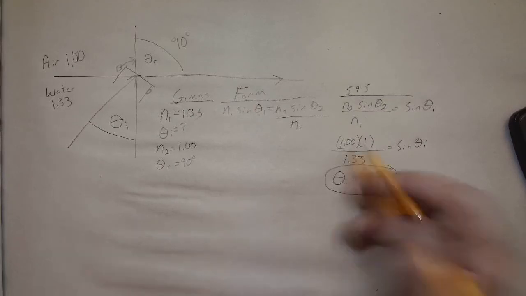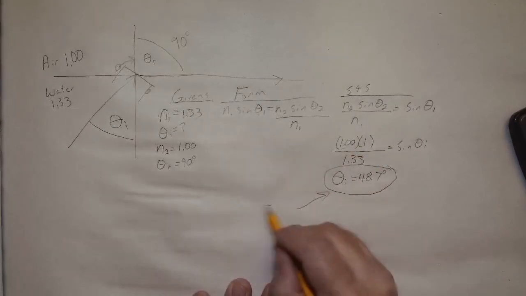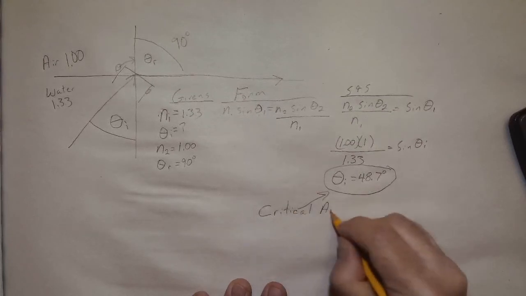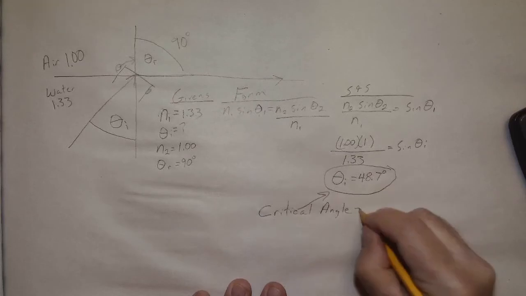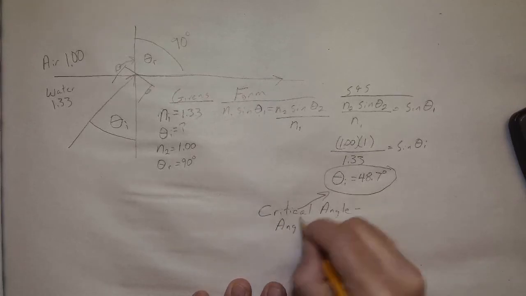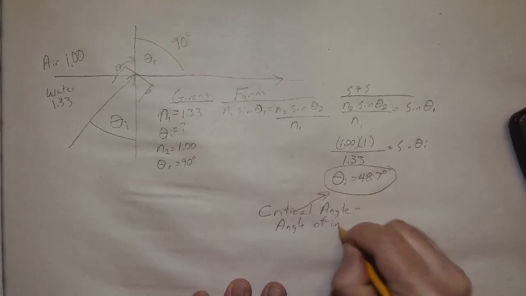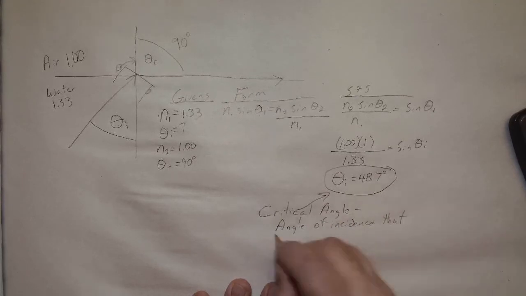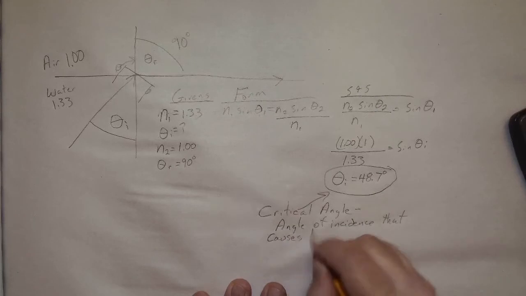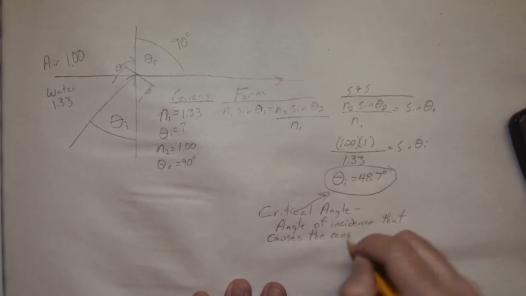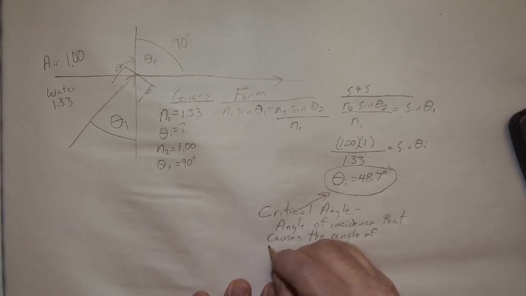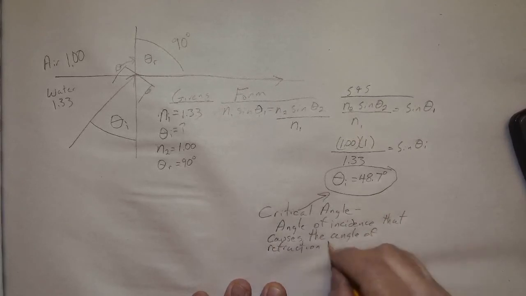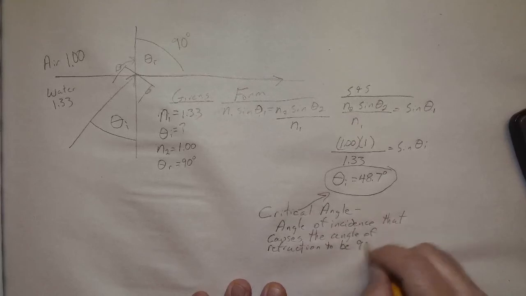First of all, this is called the critical angle. The critical angle is the angle of incidence that causes the angle of refraction to be 90 degrees.